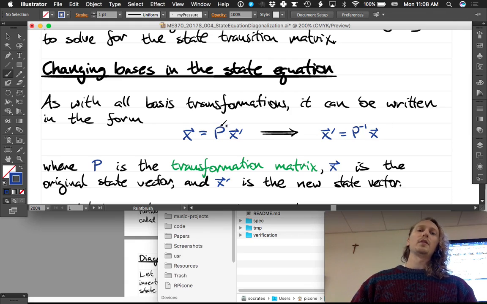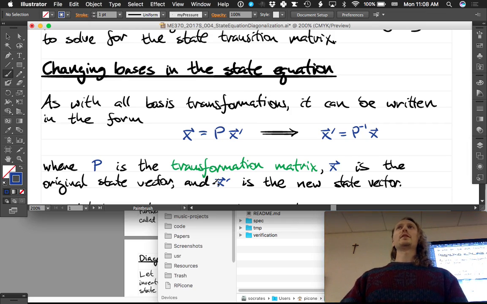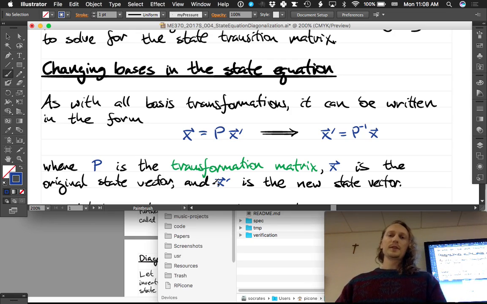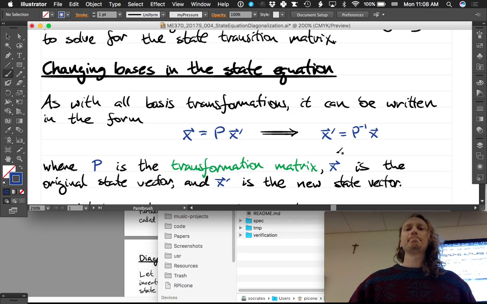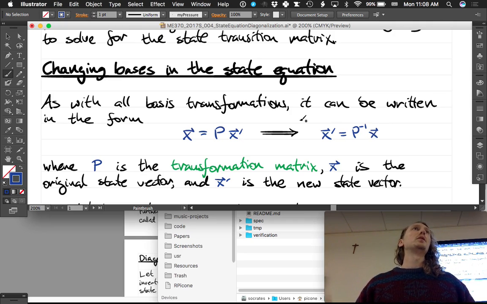So we just inverted P and moved it to the other side, or left multiplied by P inverse. Either way, six or half a dozen. So that is a basis transformation. You can either go from x prime to x, or you can go from x to x prime, depending on which equation you use, right?